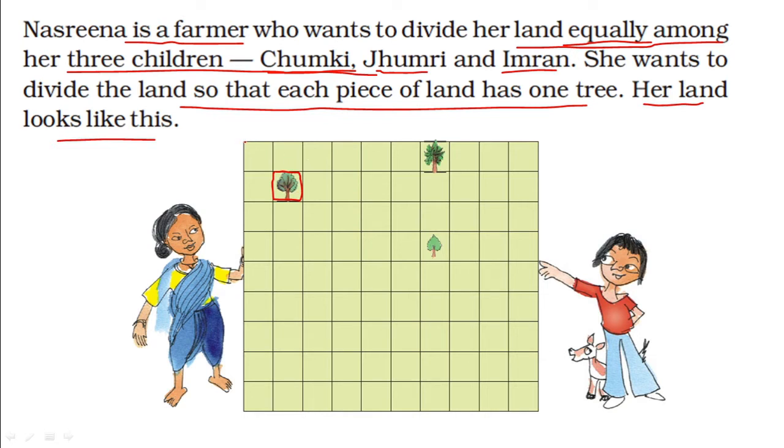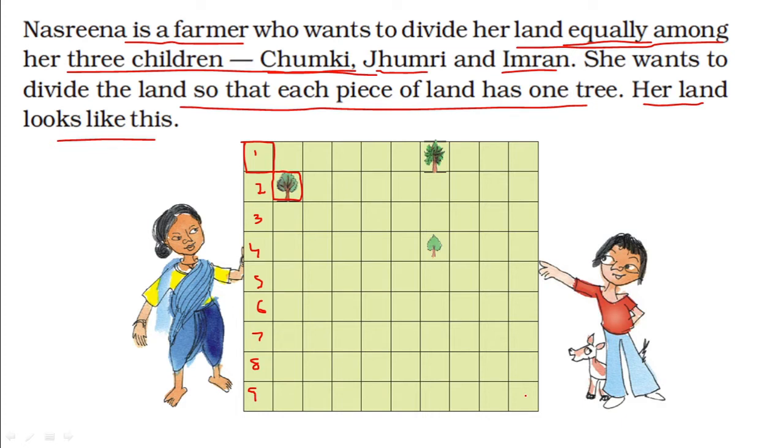If the area of one square is 1 square meter, what is the area of the total field? We can know this by counting the squares. We have already learned this. 1, 2, 3, 4, 5, 6, 7, 8, 9.